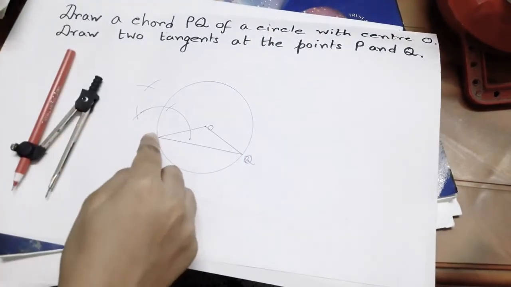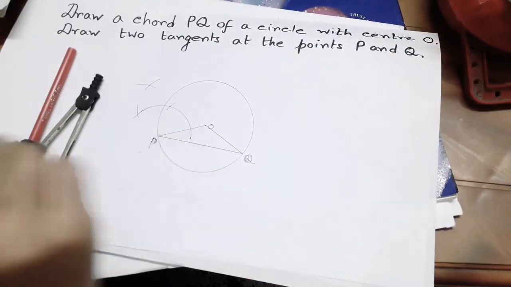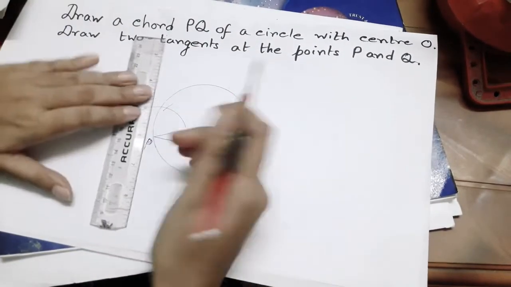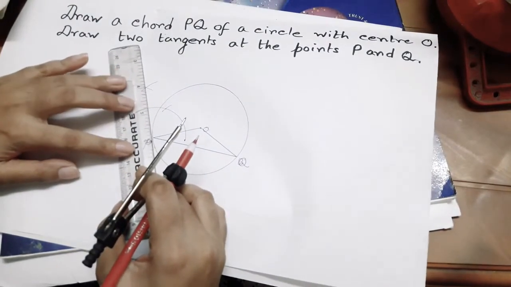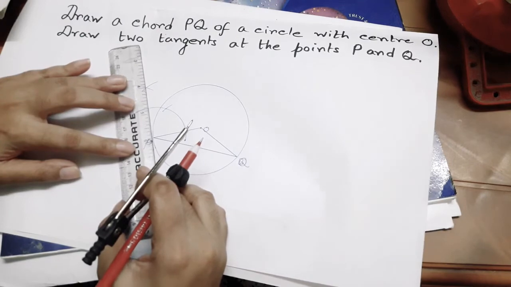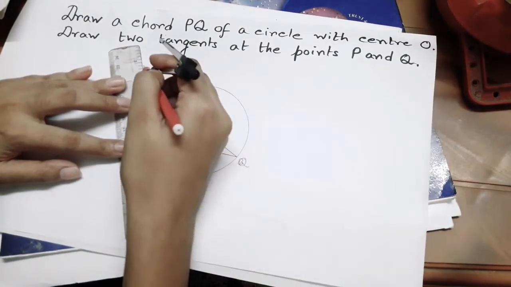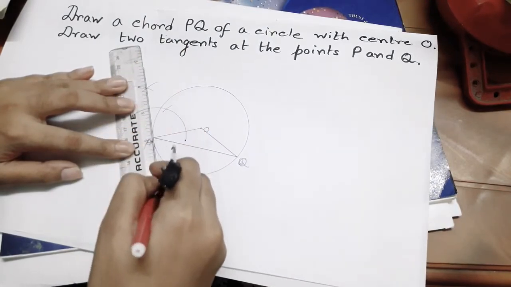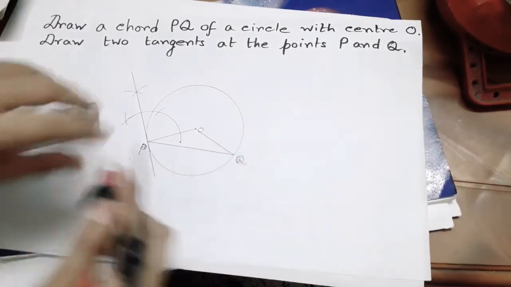So I will draw the perpendicular like that. I will join these 2 points actually. Now similarly I will draw this one here.